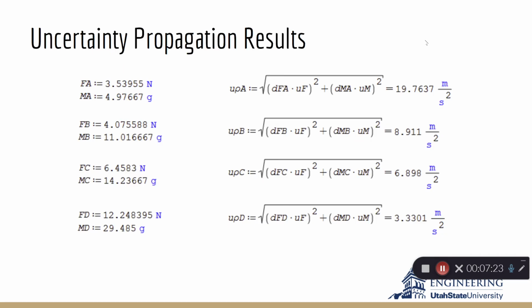The average thrust and mass for each rocket size was used to calculate the uncertainty for each rocket size. The uncertainty in the load cell used to measure thrust and the uncertainty of the scale used to measure the mass of the propellant are also used as UF and UM.